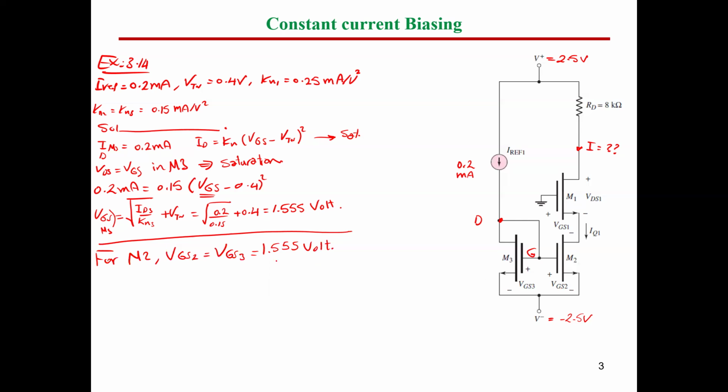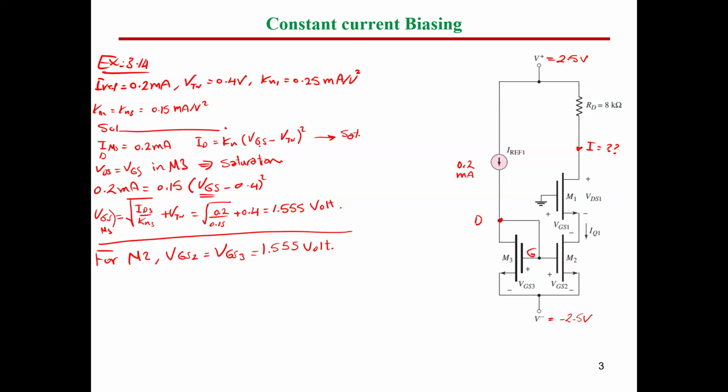So we know now the value of VGS2. Since you know the value of VGS2 and you know the value of KN2, which is equal to KN3 again, this means, guys, we will have the same current. So if you have a look at the relation here, ID equals Kn times (VGS minus VTN) squared. For both MOSFETs 2 and 3, Kn are the same, V threshold are the same, and they have equal gate to source voltage.